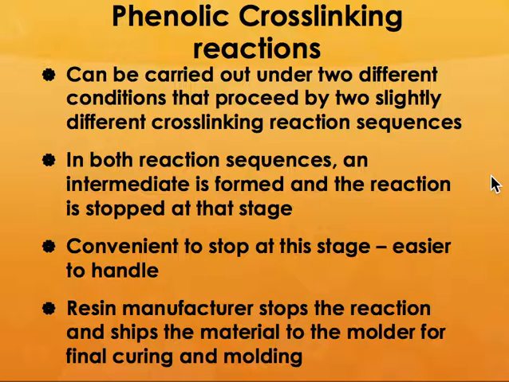So why? Because you need to be able to handle the resin at this stage. So what happens is that you get either a prepreg or a resin that has been processed to the intermediate stage, so that it is easy for you to use it for the next stage and the final curing stage.